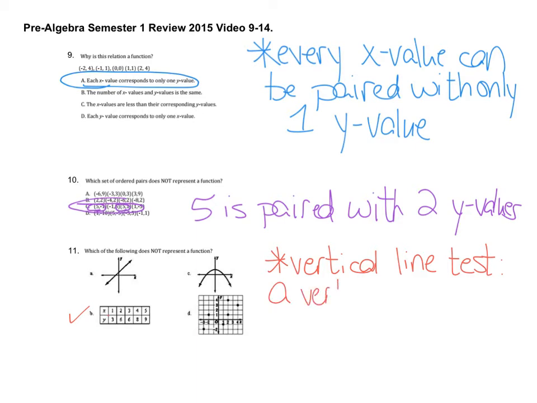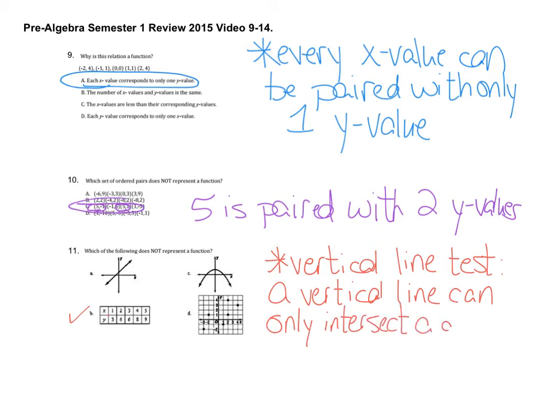A vertical line can only intersect a graph once to be a function.